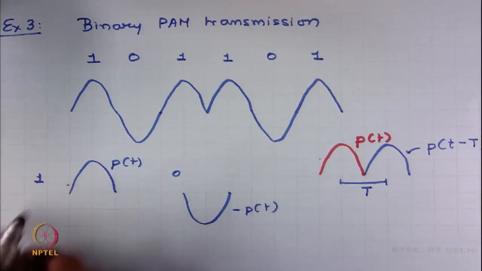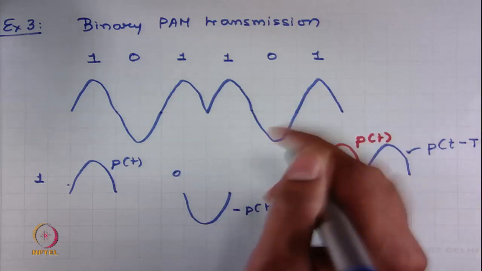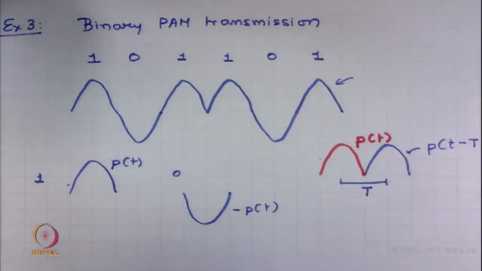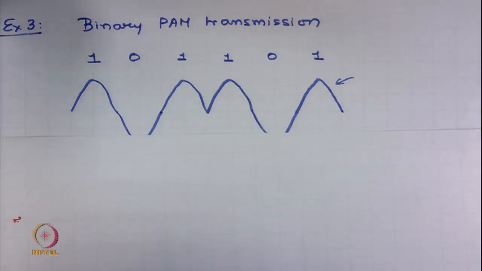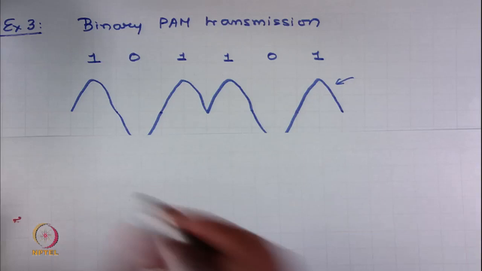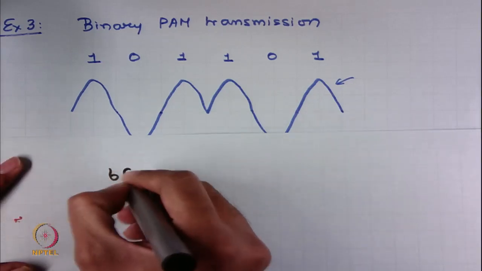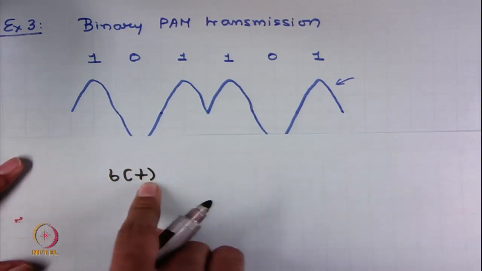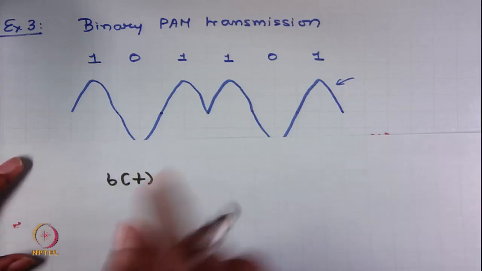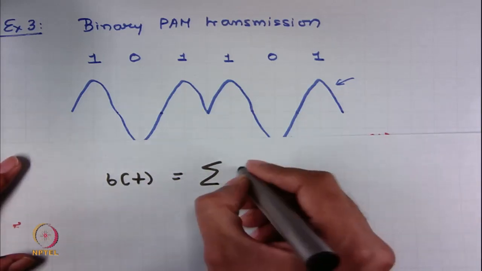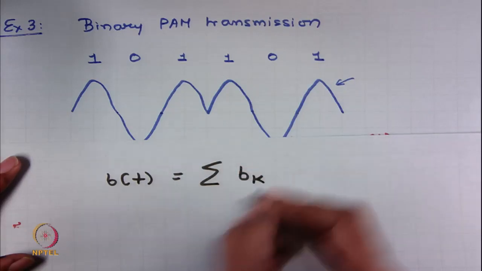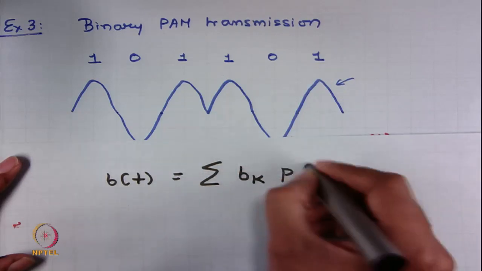So, I can now think about this signal as, if I am writing an expression for a binary PAM signal, the binary PAM signal can be thought of as a sum of b_k times p(t minus kT).